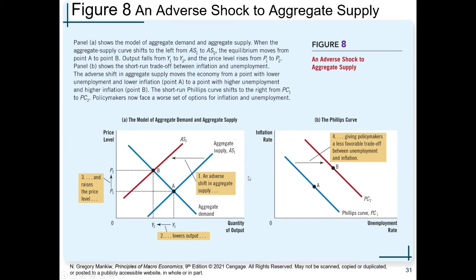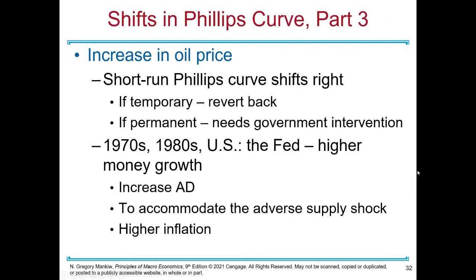So stagflation seems to align perfectly with the rightward shift of the Phillips curve. In 1979, OPEC decided to come out with round 2 of cutting the production of oil.